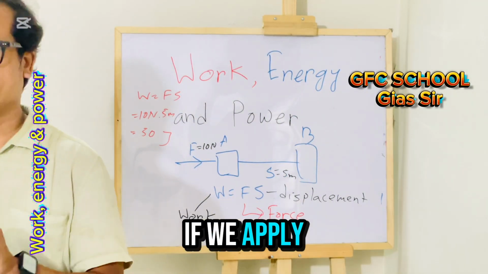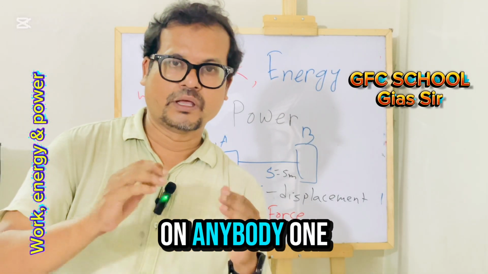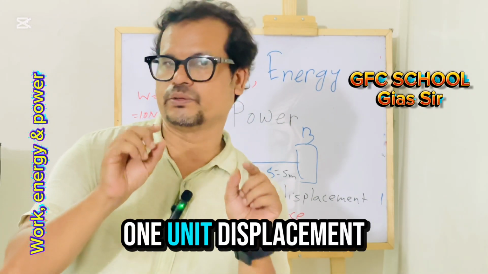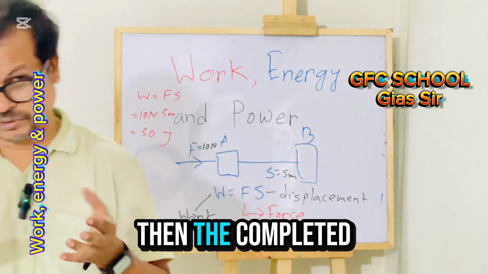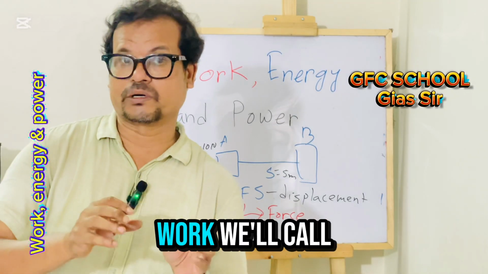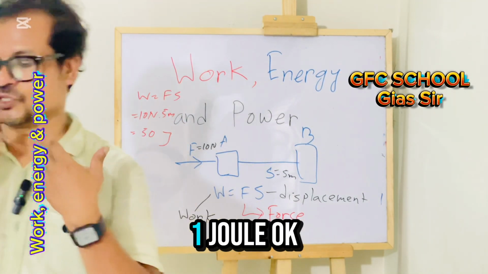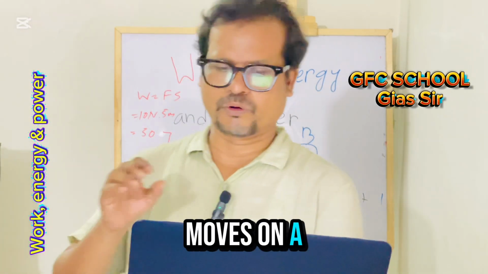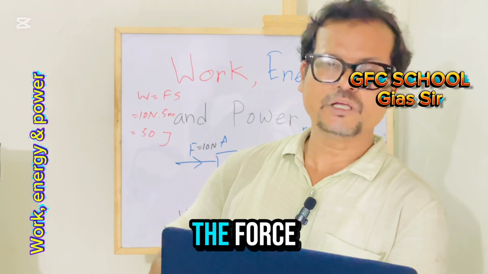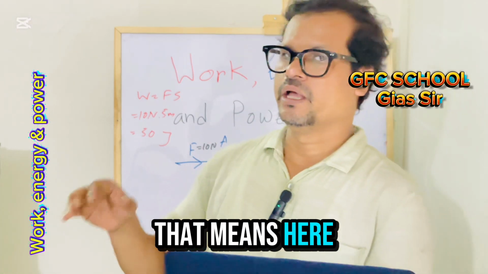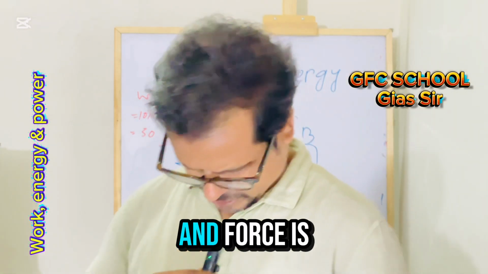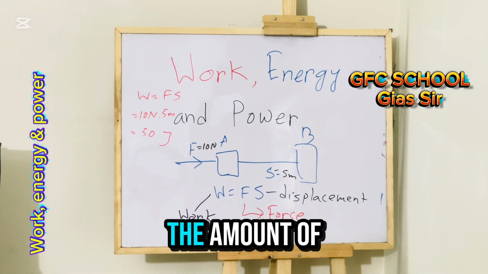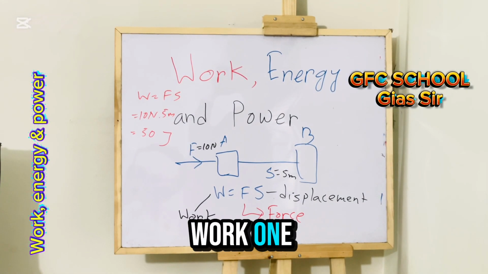If we apply 1 unit force on any body and it gets 1 unit displacement, then the completed work we will call 1 joule. Okay, work done when 1 Newton force moves an object 1 meter in the direction of the force. That means here displacement is 1 meter and force is 1 Newton. Then we'll get the amount of work in joule.